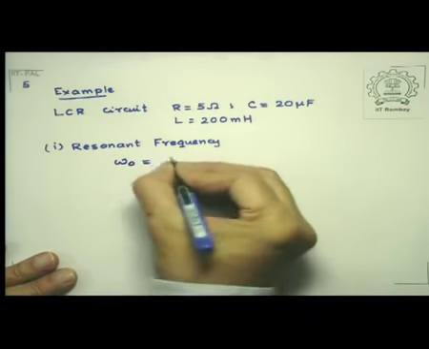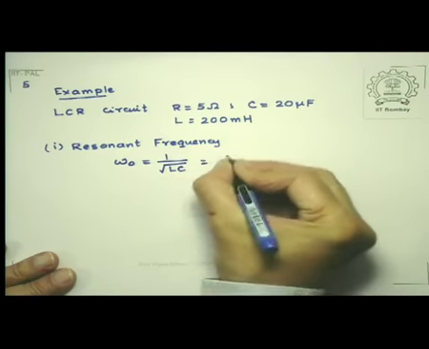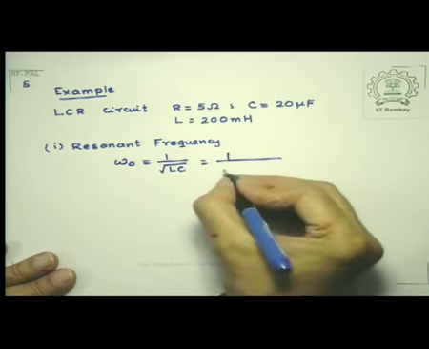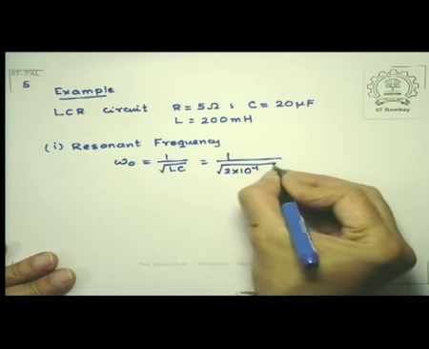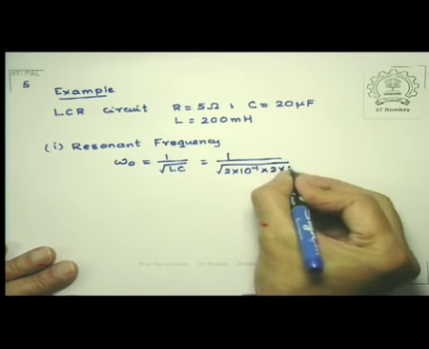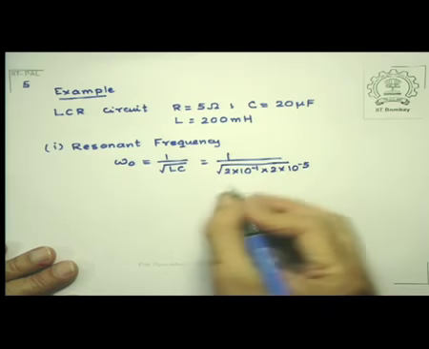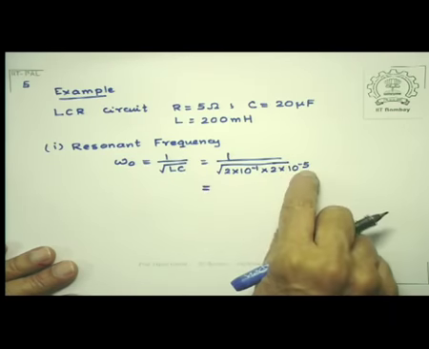So my omega 0, which is equal to 1 over square root of LC, so that's equal to 1 over 200 millihenry, means 2 into 10 to the power minus 1, and 20 microfarad is 2 into 10 to the power minus 5. So that's equal to simply, this is 10 to minus 6.